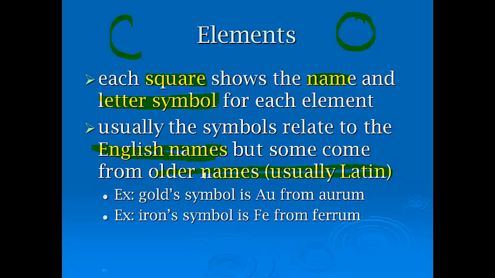So you'll get a situation where the symbol doesn't look anything like the word. For example, gold's symbol is Au, which comes from the Latin word aurum, and iron is another one that can be confusing. Iron's symbol is Fe, which is from ferrum.